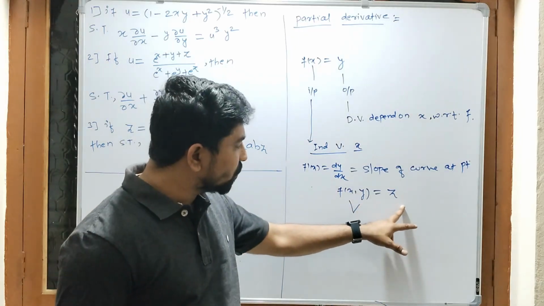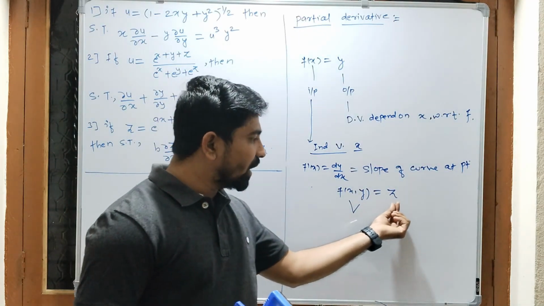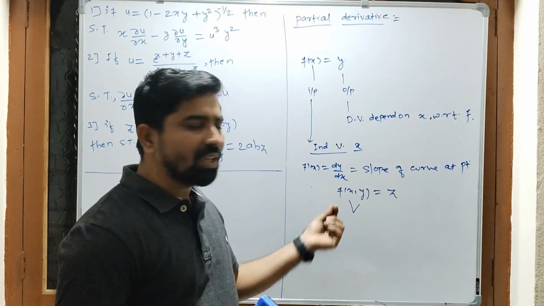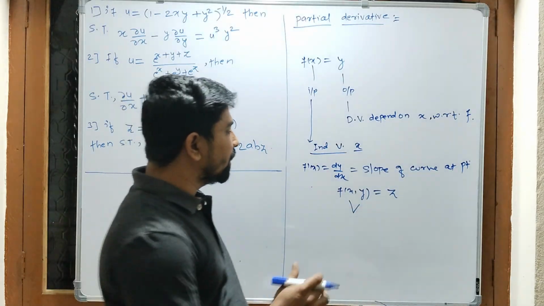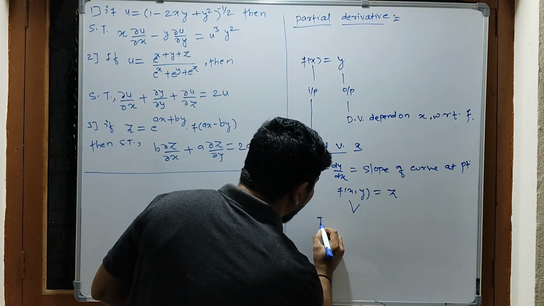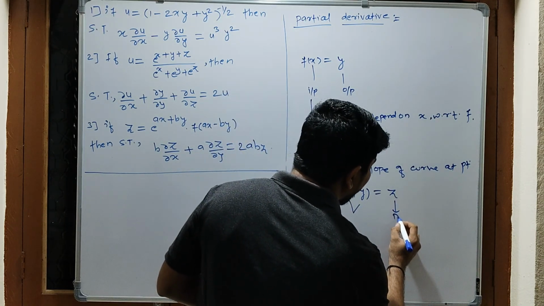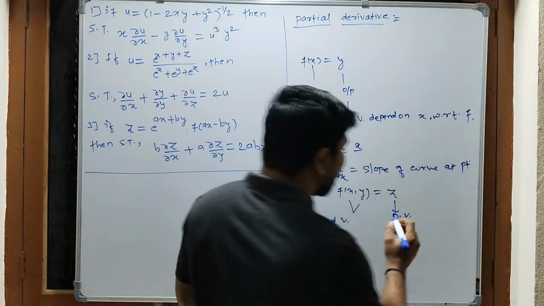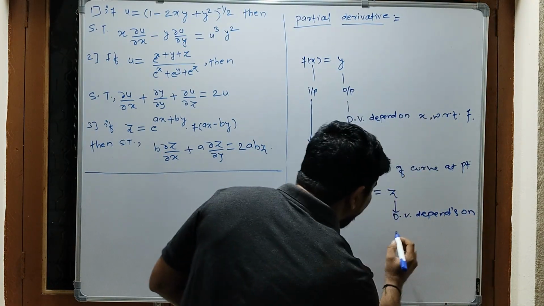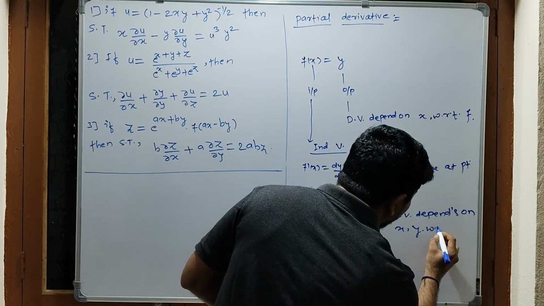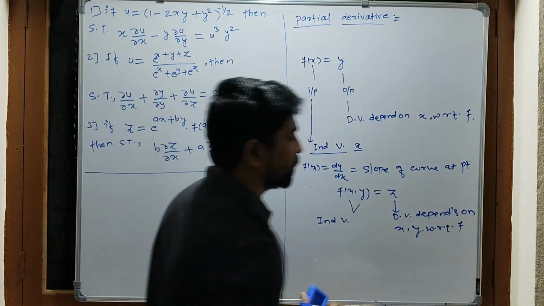Now f of x comma y equal to z: here x comma y work as the input, z is my output, and f is my machine. So my output completely depends on the two variables x and y. These two variables x and y are my independent variables, and z is my dependent variable, which depends on x and y with respect to function f.